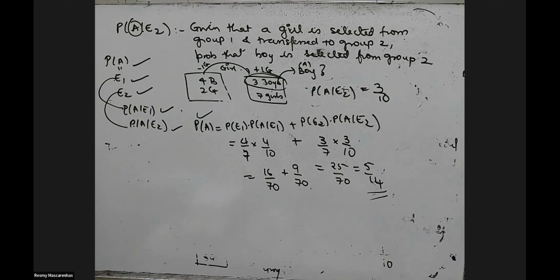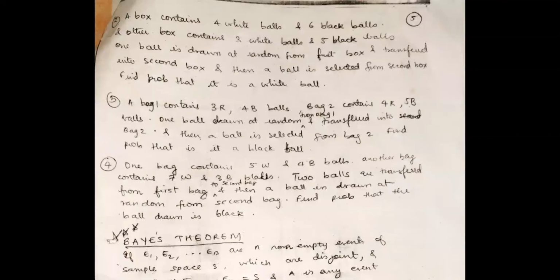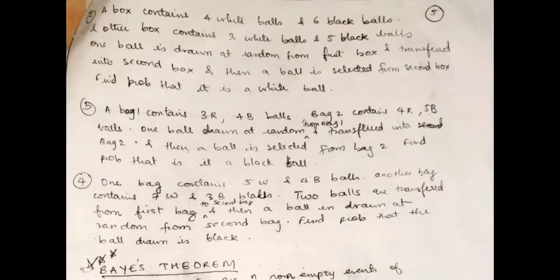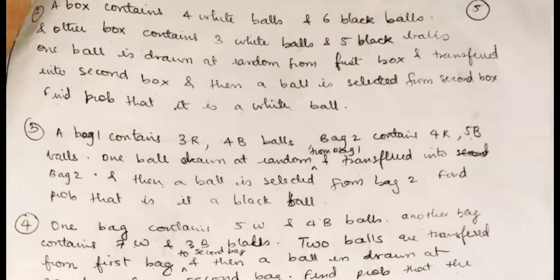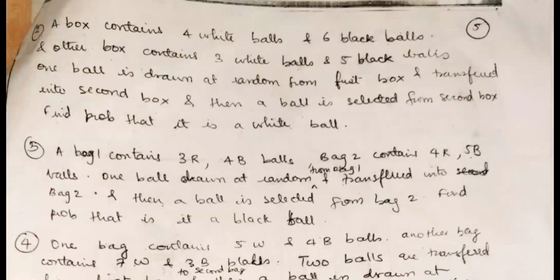After that, in case you don't understand something, you can ask. The second question: a box contains 4 white and 6 black balls.